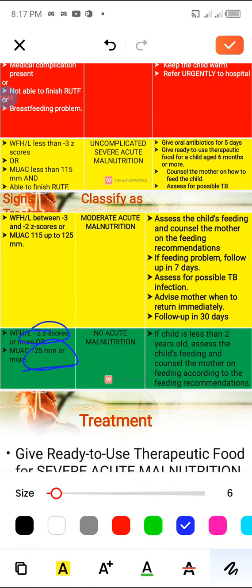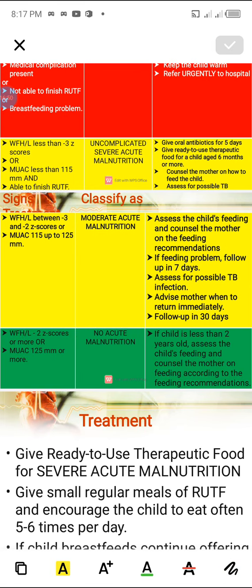When you are doing your assessment, meaning that when you write the heading, a classification, you're going to indicate to say no acute malnutrition, because the Z-score -2 or more, or MUAC 125 or more, so that this gives you no acute malnutrition. Then what should be under your treatment? If the child is less than 2 years old, assess the child for feeding. So that's the thing here. That's feeding, and then counsel the mother on feeding. So that's what you do here. Okay, so this is what you do.